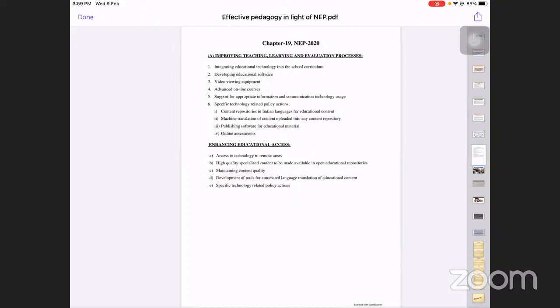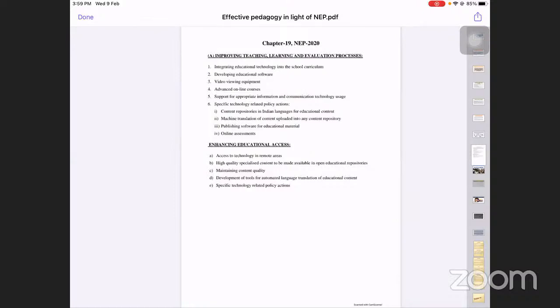Maintaining content quality: the content must be updated, knowledgeable and of high quality, so that the students can learn and understand in a better way. Development of tools for automated language translation of educational content, specific technology related policy actions.